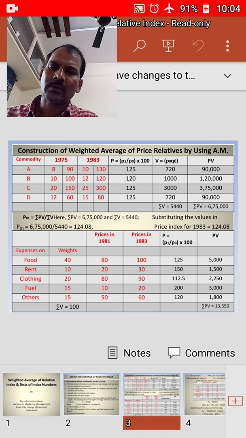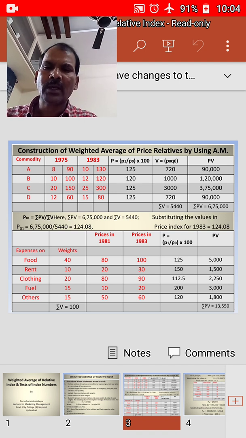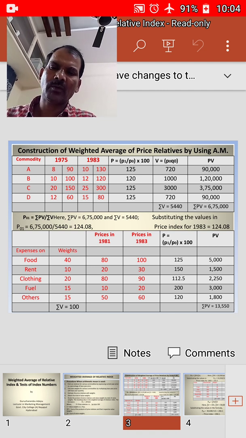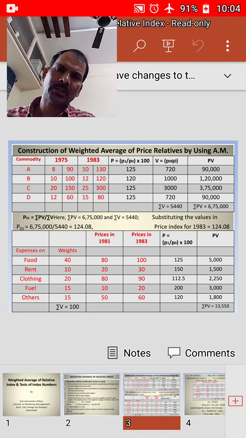And lastly, for commodity D, if you multiply the price relative with the value relative you will get PV, that is 125 into 720, you will get 90,000. If you add all these values you will get sigma PV, that is 6,75,000. Now we need to substitute the same in the formula, that is P01 is equal to sigma PV by sigma V. Here we know that sigma PV is equal to 6,75,000 and sigma V is equal to 5,440.